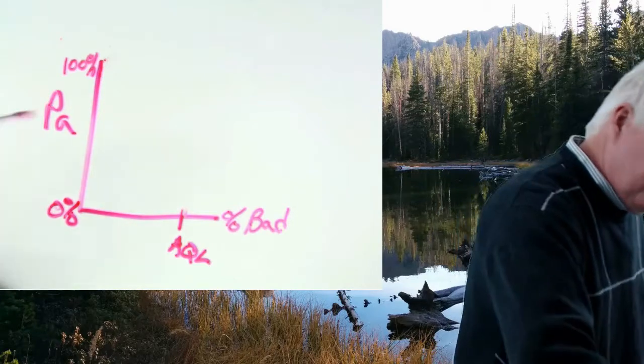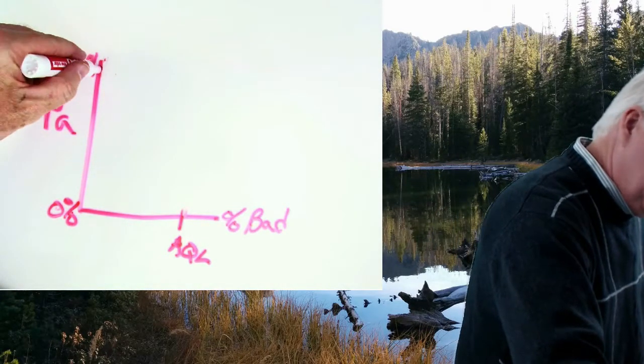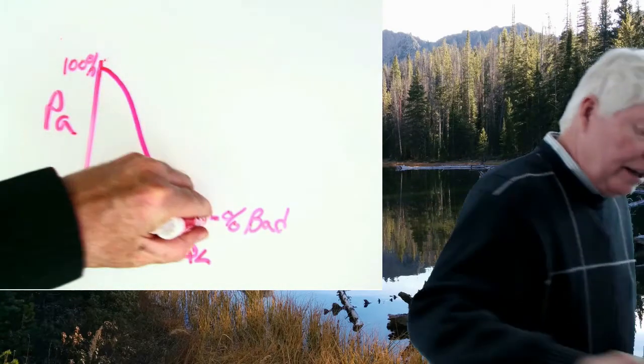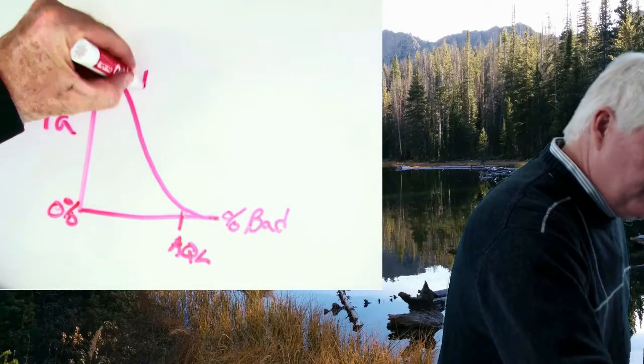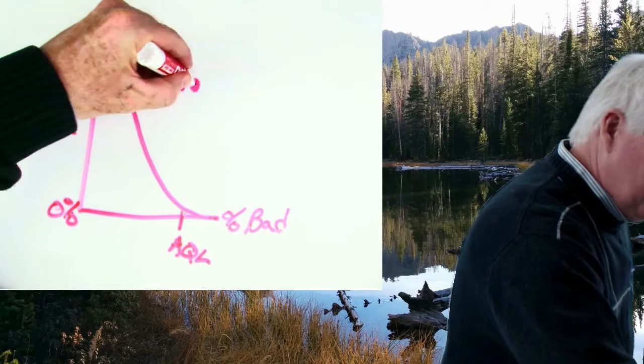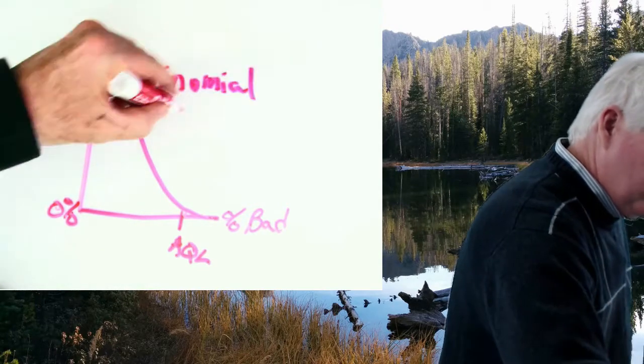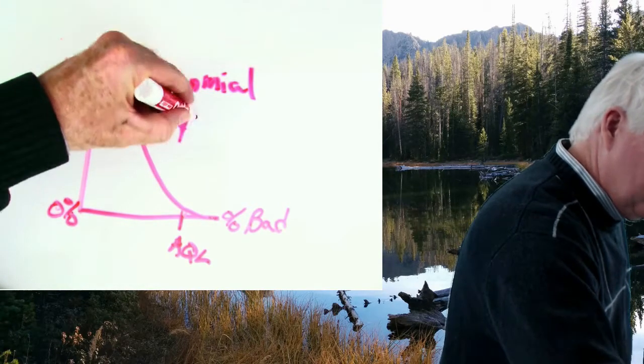An AQL curve is actually a binomial distribution, and you should remember that, by the way. I'll write it down here. There's 2 possibilities. It's most likely binomial, but it could be hypergeometric.